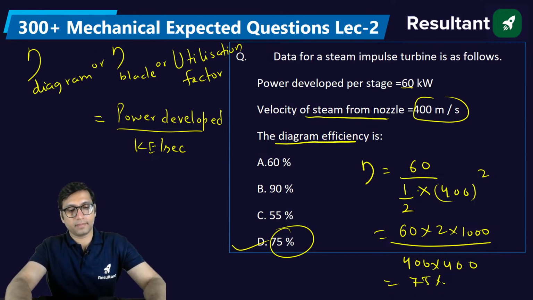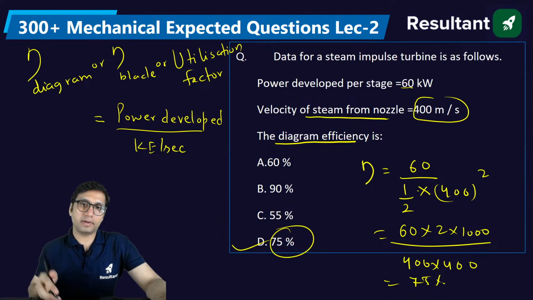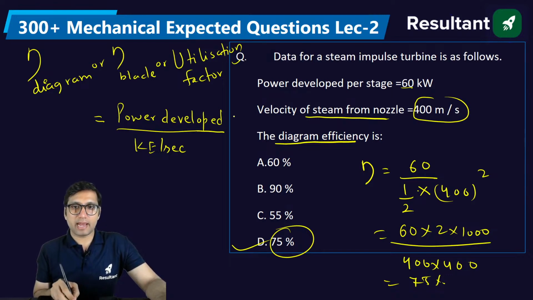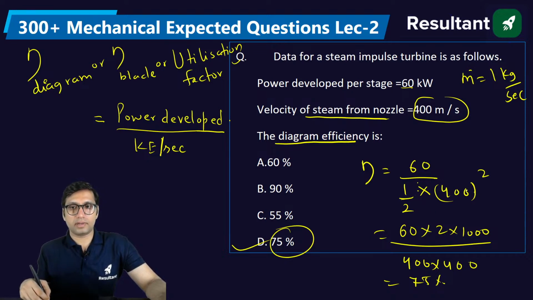This is the formula for diagram efficiency, known as blade efficiency, known as utilization factor. It is the power developed at turbine rotor to the kinetic energy per second. Kinetic energy per second is half m v square. Mass is not given, so you can take mass flow rate as 1. This is half m v square, so direct velocity square, and the power is in kilowatt. To convert into watt, we have multiplied with 1000.